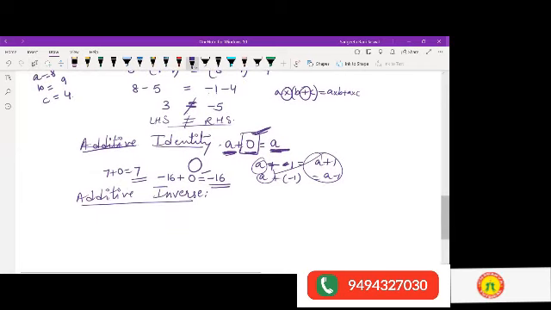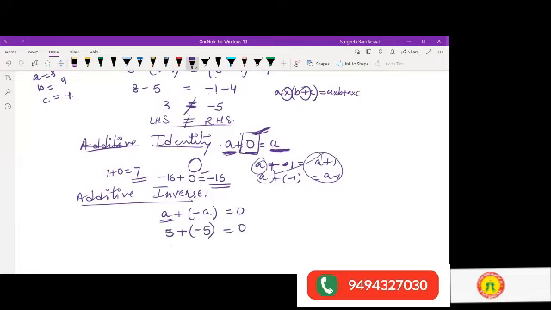Now coming to additive inverse. Inverse is something that is exactly opposite. The sum of any integer with its additive inverse is 0. Inverse means exactly opposite. Suppose I have some number 5 and I add this with its inverse, that is its opposite, I get 0.